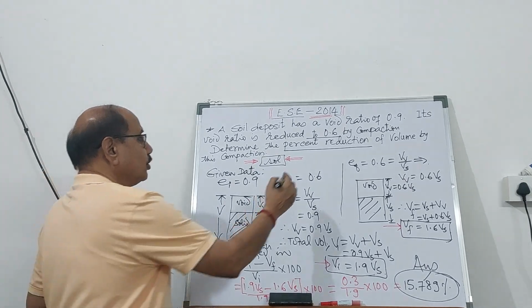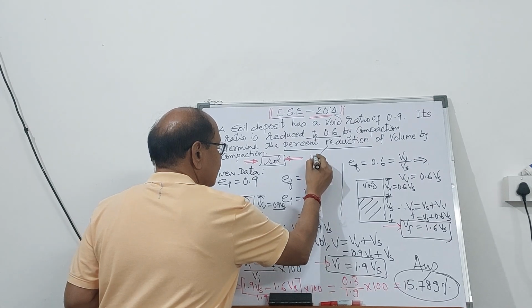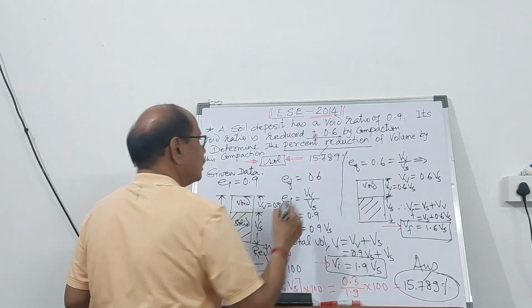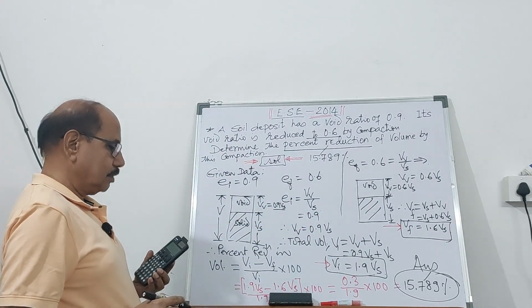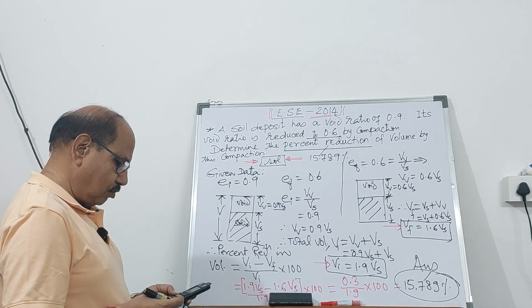The percent reduction in volume is 15.78 percent. The answer, we have got it. Let's see the next problem now.